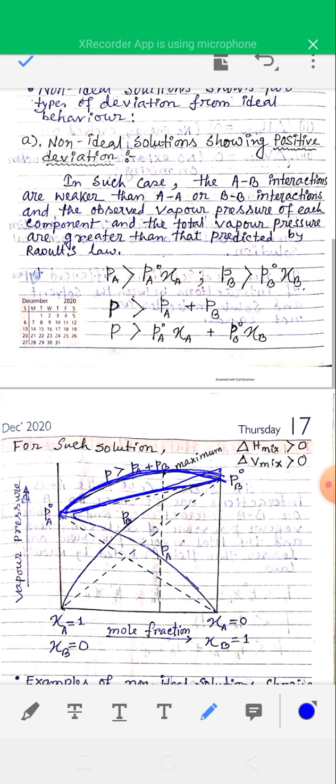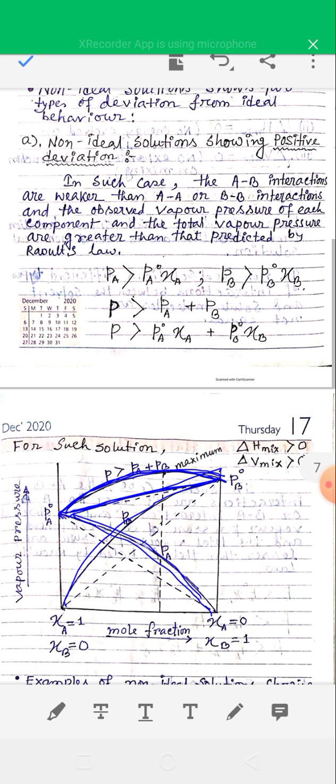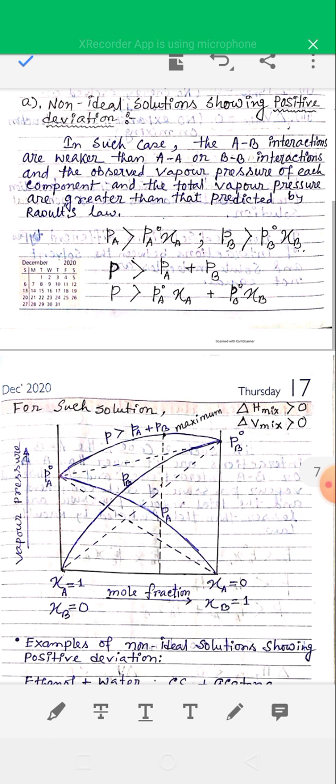In case of non-ideal solution, the partial vapor pressures of liquid A and liquid B are higher than the ideal values, and that is why this is positive deviation.